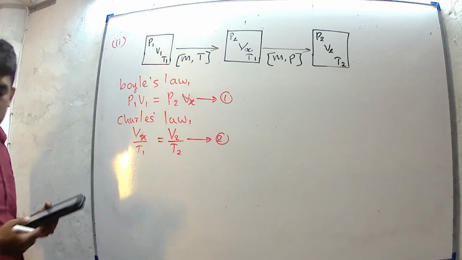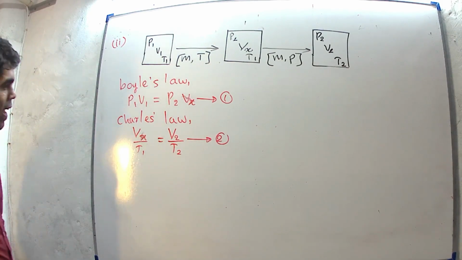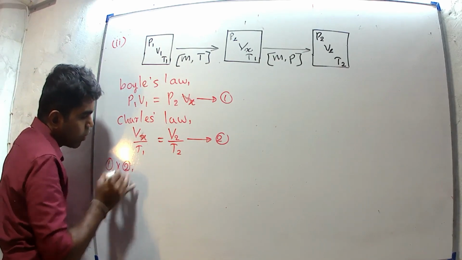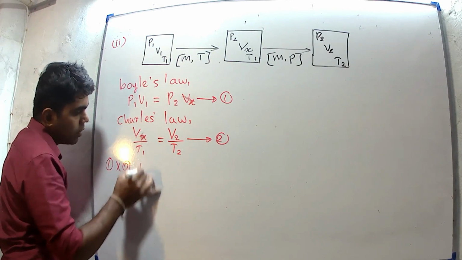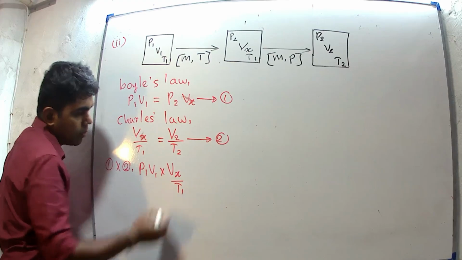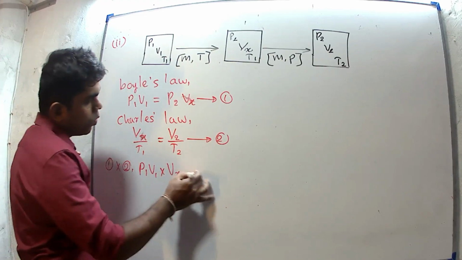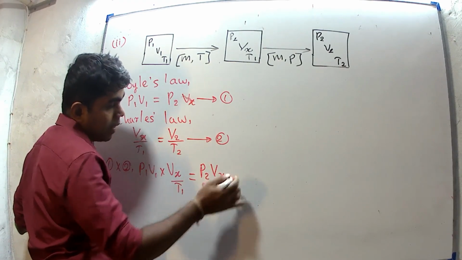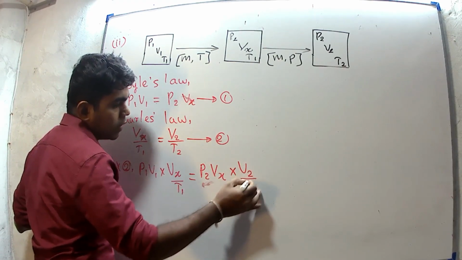Now there are two equations. We can multiply them: first equation multiplied by second equation. P1 V1 multiplied by Vx over T1 equals P2 Vx multiplied by V2 over T2.